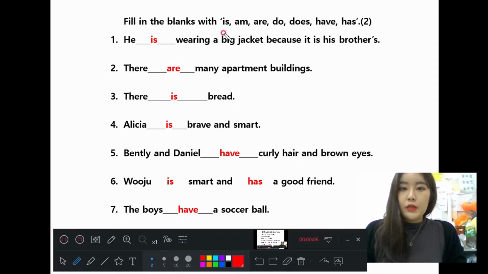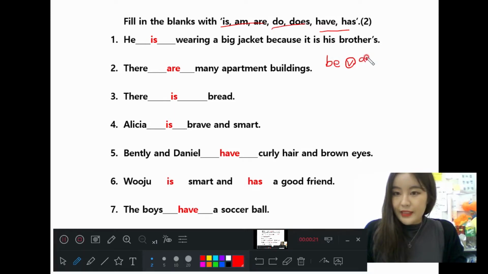So as we already learned, there are be verb and do verb and have verb, right? And let's see what be verbs there are. Yes, am, is, are. Great. And the important part is this is, right?